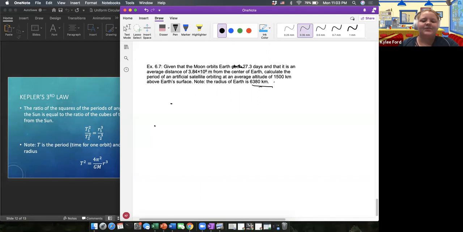So we have T1 squared over T2 squared equals R1 cubed over R2 cubed. So this is the equation that we are going to use.